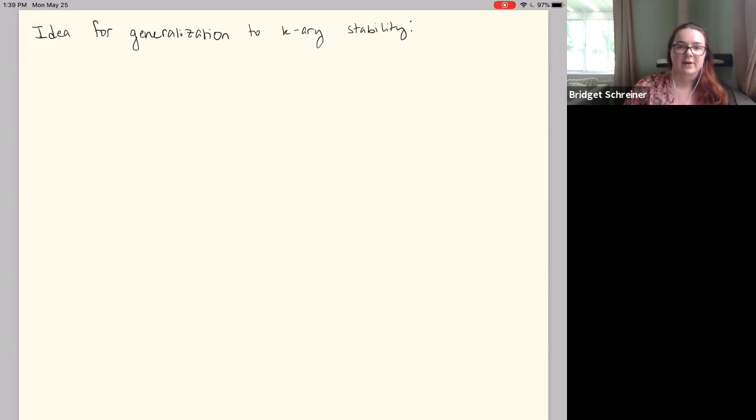As far as I know, that algebraic and categorical framework does not yet exist for things like tertiary stability or four-ary stability. So this is basically an idea of what Mark and I think it should mean, but we don't yet have the algebraic structure to make it really precise.